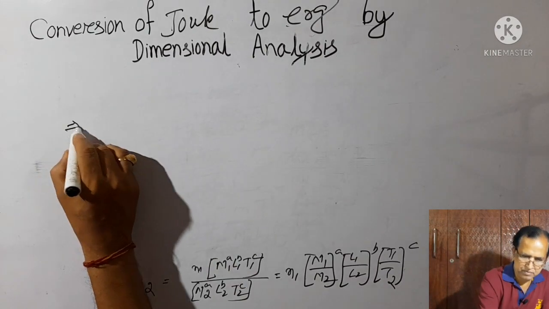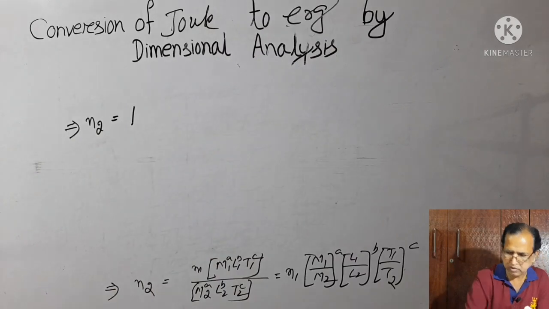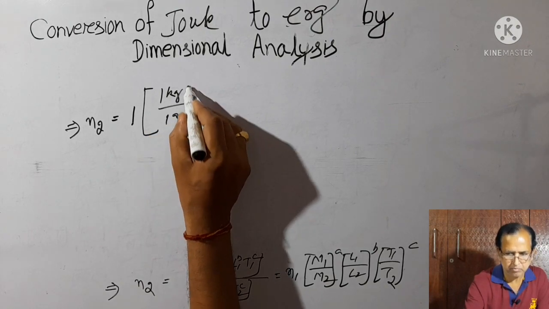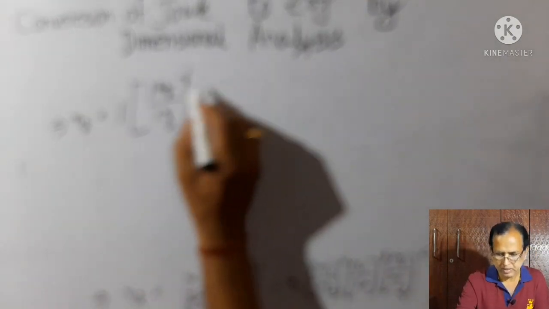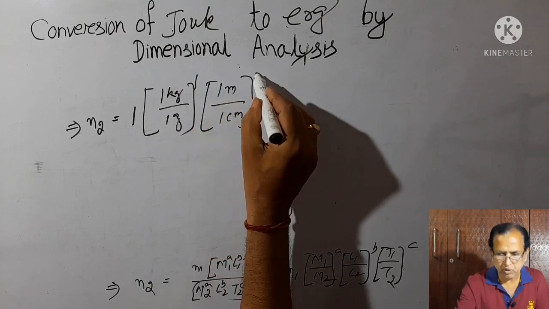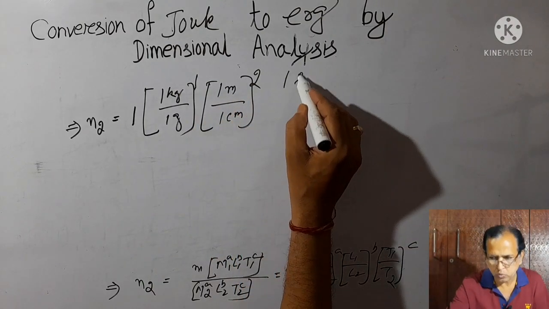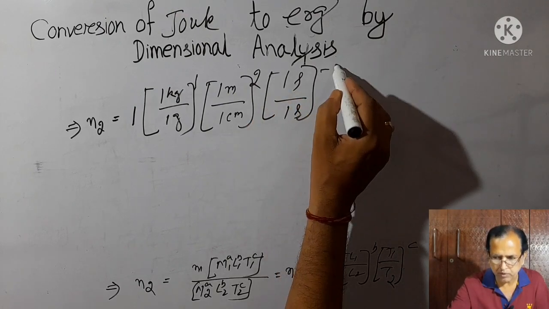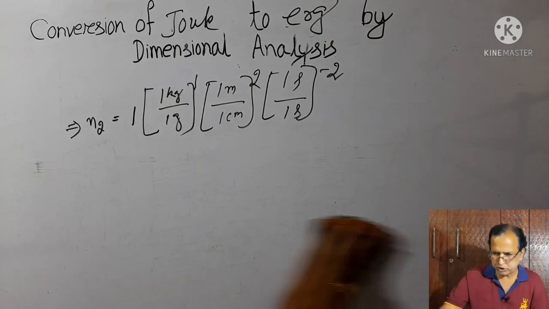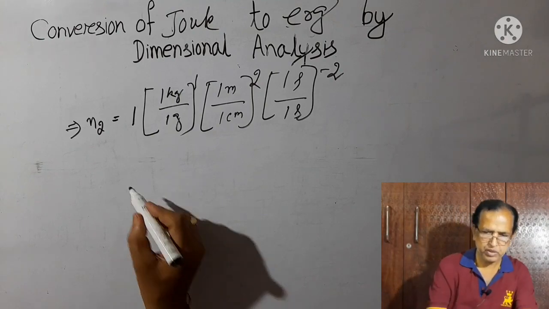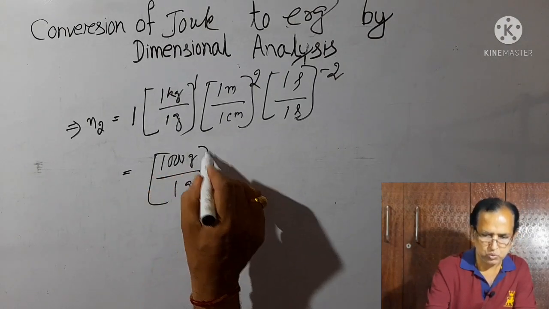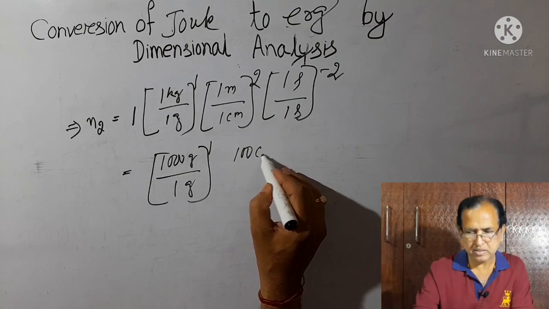N1 is 1, M1 is 1 kg by 1 gram to the power 1, L1 is 1 meter by 1 centimeter to the power 2, T1 is 1 second by 1 second to the power minus 2. 1 kg is equal to 1000 gram, 1 meter is 100 centimeter.